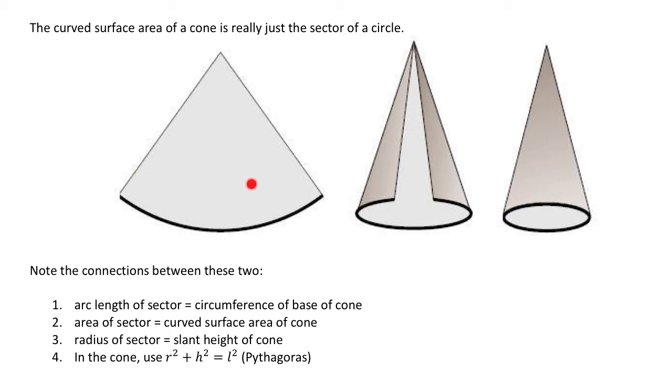The area of the sector is going to be the curved surface area of the cone. The radius of the sector is the slant length of the cone. And then we can use, as we said before, r squared plus h squared equals l squared, where r is the radius of the circle, l is the slant, and h is the perpendicular height of the cone.